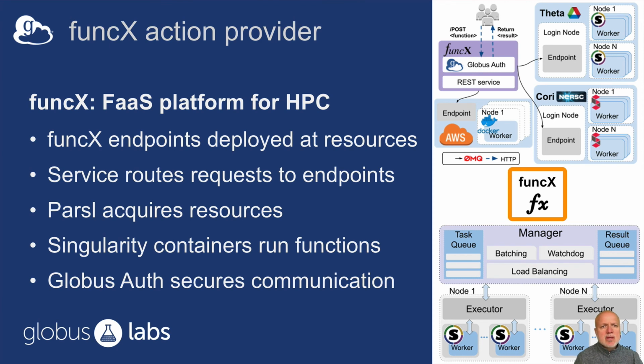So you deploy the funcX service, you deploy an endpoint in the service, and that turns the computer into a function serving device so that users can request that code be executed either via Docker or Shifter or Singularity containers. And it supports multiple different APIs and many diverse types of compute resources, as I mentioned, clusters, clouds, and so on. So that's one very important piece that comes into play as part of these automate flows.